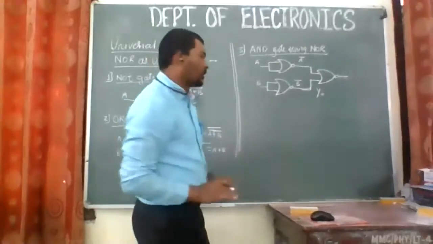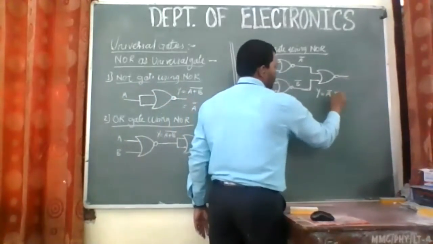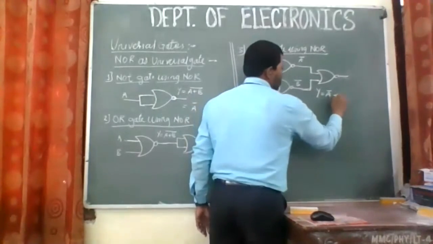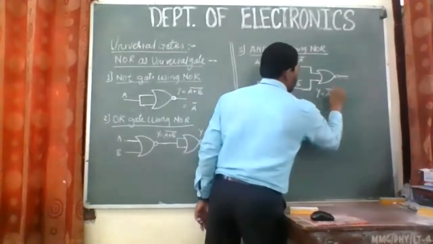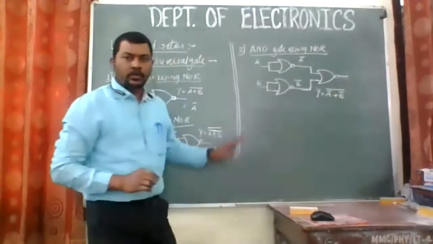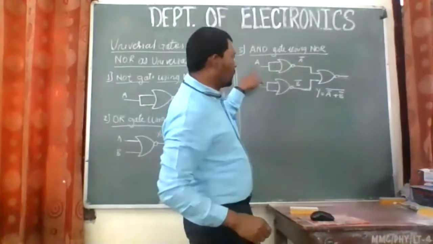Here we are going to use the concept of De Morgan's theorem also. So here we will have A complement plus B complement, and the complement of both. Is it okay?